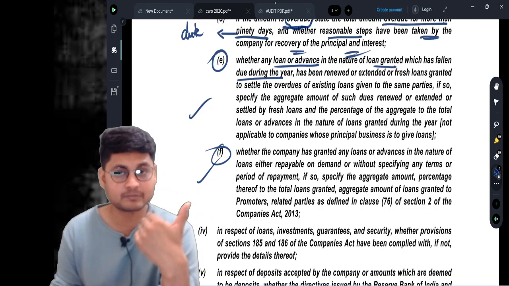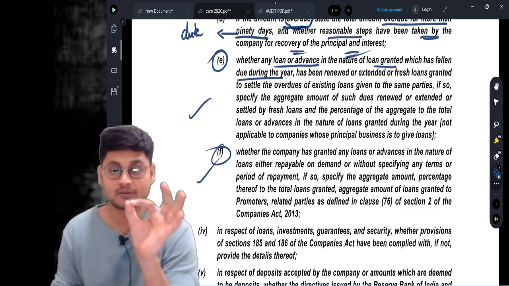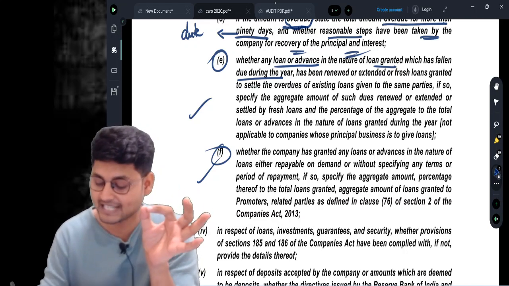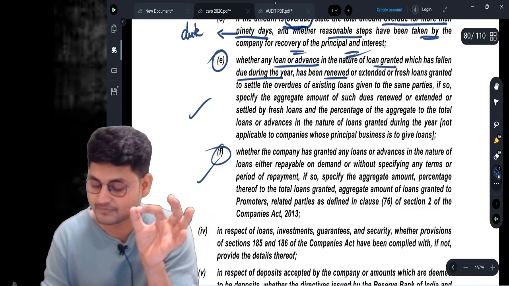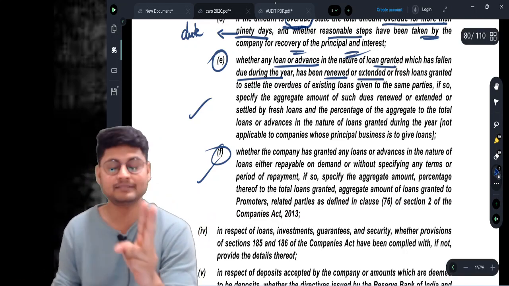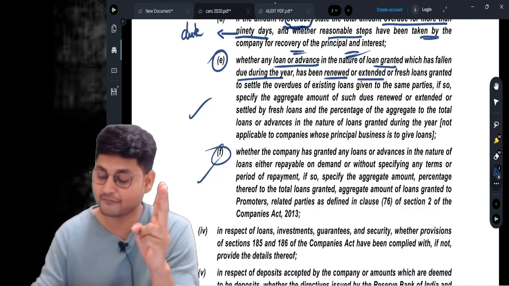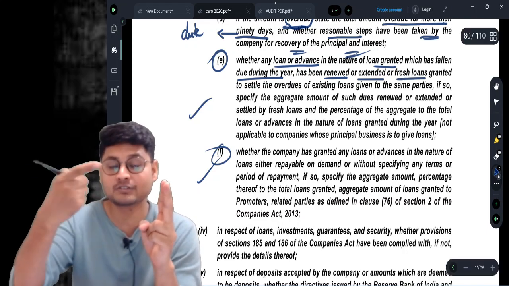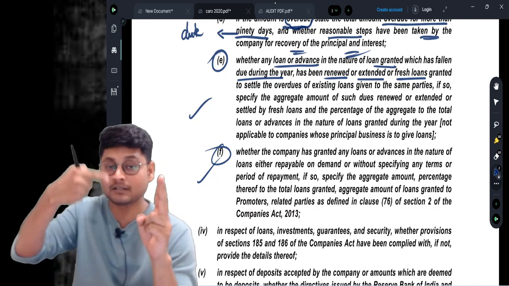The borrower has not paid the money to the company, but what the company has done is that the loan has been renewed or extended, and a fresh loan has been given by the company to the same borrower to repay the existing loan.